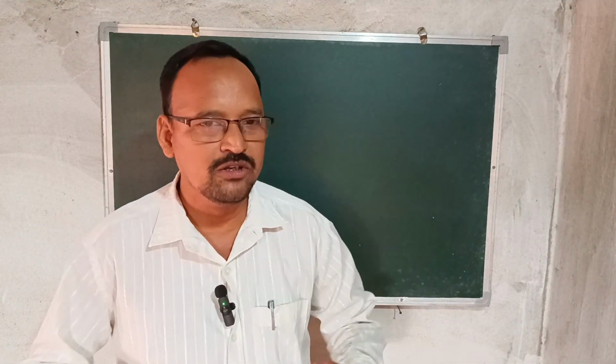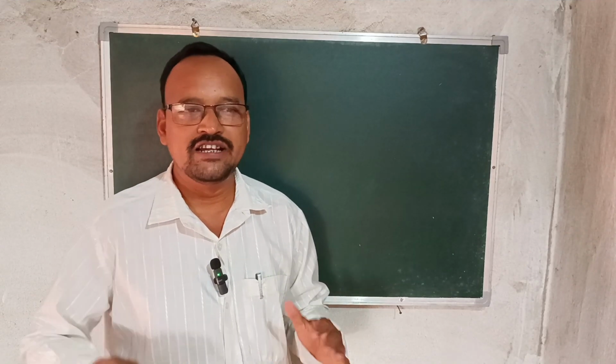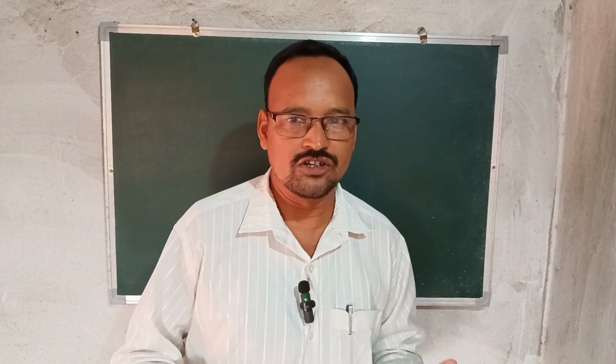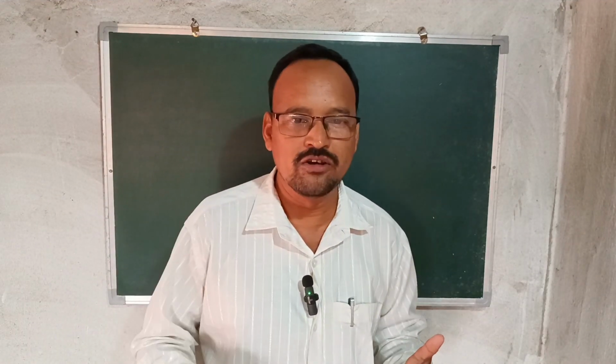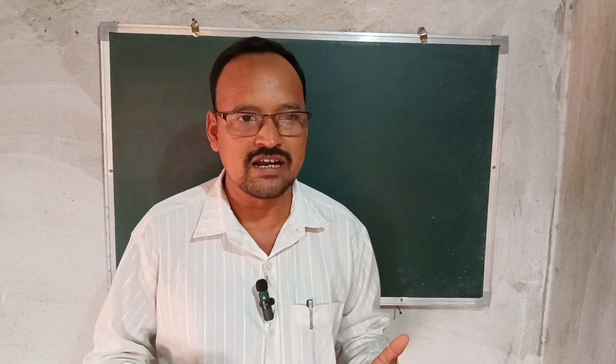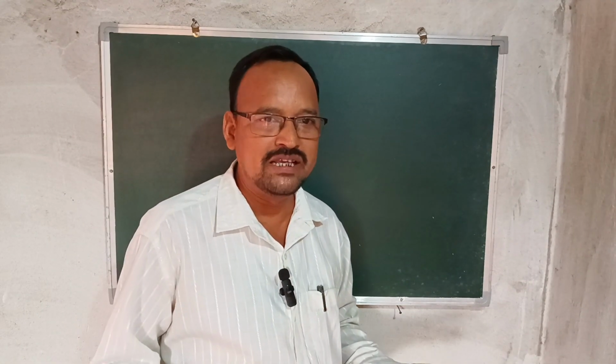In the previous video we discussed the multiplication of integers, and now we are going to discuss the division of integers. What is division? You might have studied division in your previous classes, standard 6 and standard 5. Division is the opposite of multiplication.